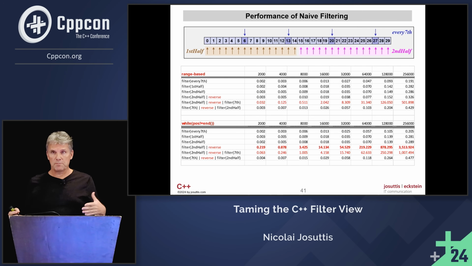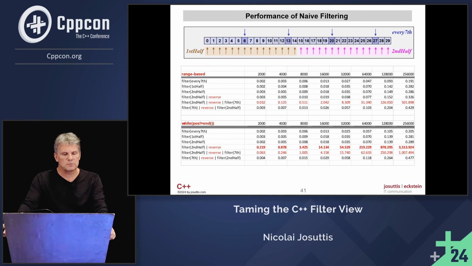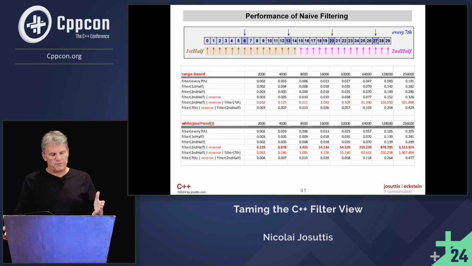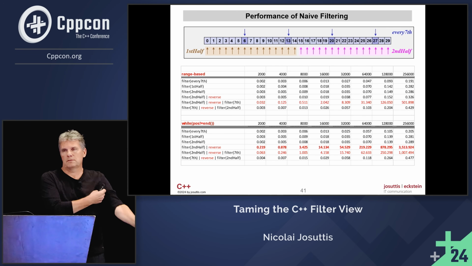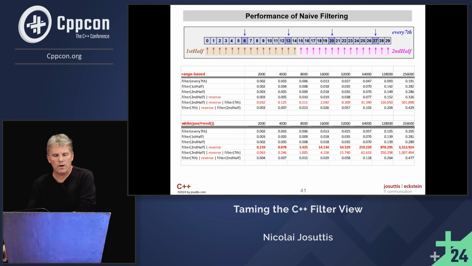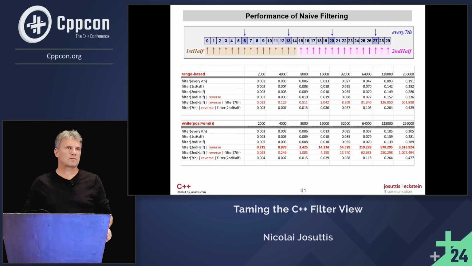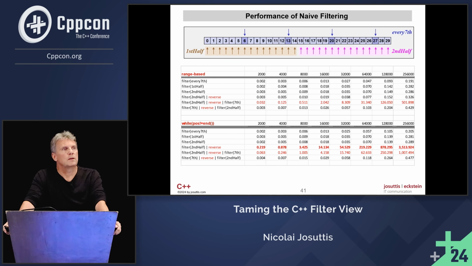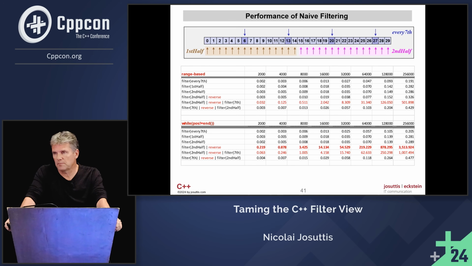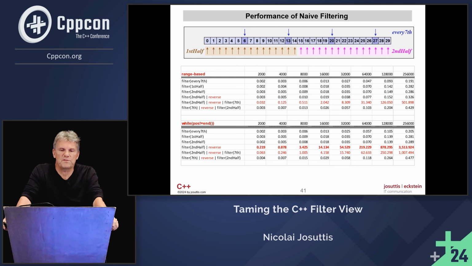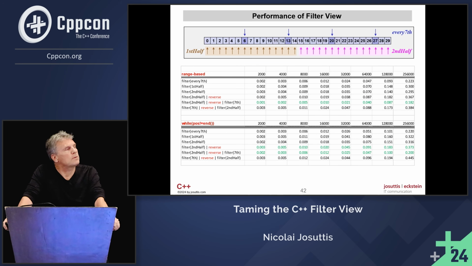And if we do the manual iteration, calling end multiple times, you see already filter pipe to reverse is a nightmare. It's a factor of 10,000 for 265,000 elements. And we have way more in computing, at least in mass data computing. So that's not acceptable. Let's make it cheap. And if you use the filter view, it is cheap. These are the same numbers if I use the current implementations that are shipped.